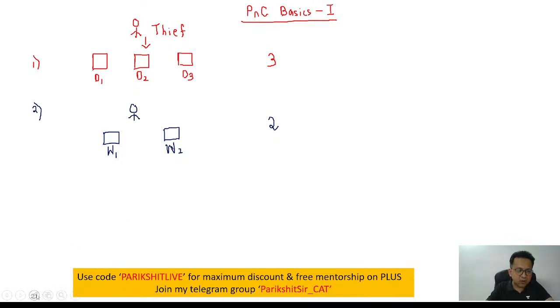Third question. Let's change the scenario a bit and combine question 1 and question 2. In how many ways can you enter via one of the doors and exit via one of the windows?